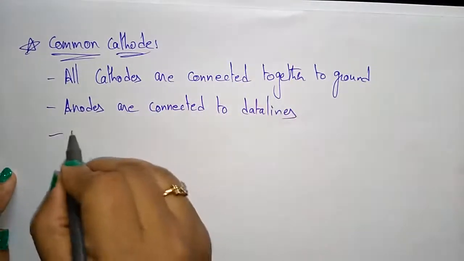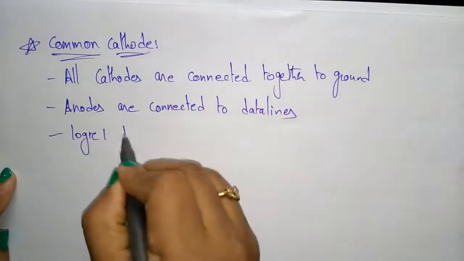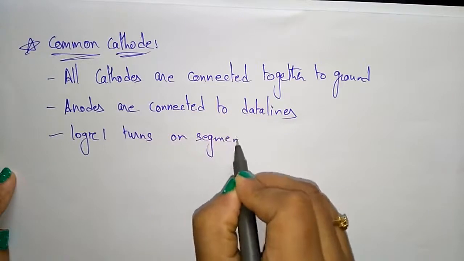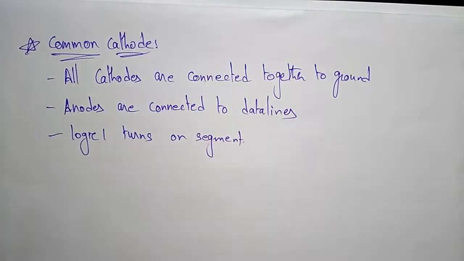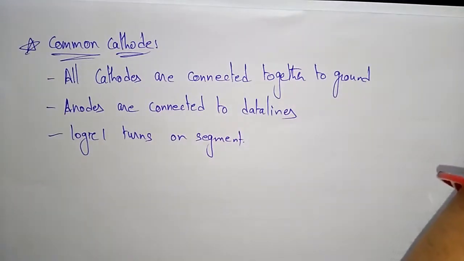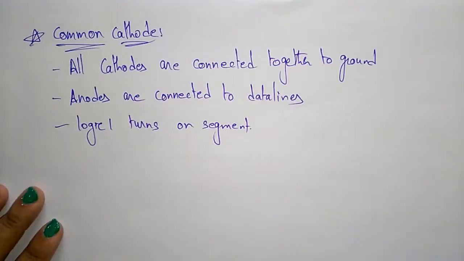And here logic 1 turns on a segment. Whereas in common anode, logic 0 turns on a segment, and here in common cathode, logic 1 turns on a segment. Now let us see the example for this.